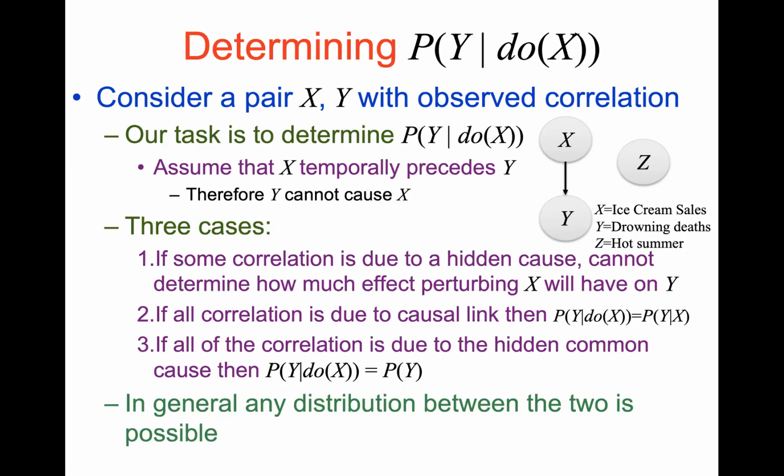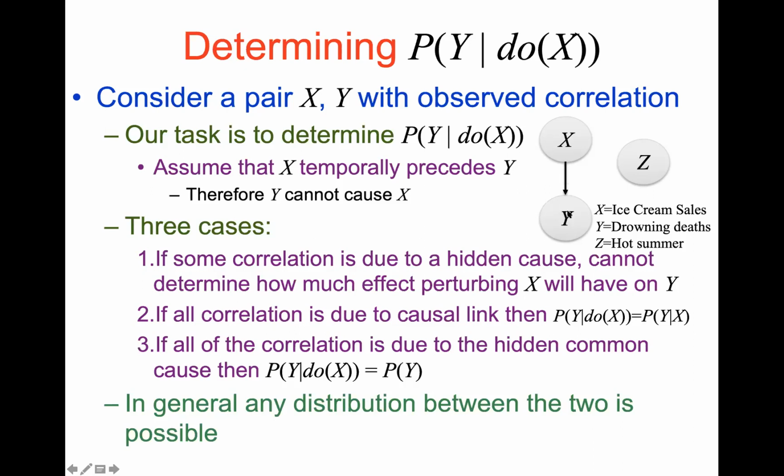We have three cases. If some correlation is due to a hidden cause, let's say z, we cannot determine how much effect perturbing x will have on y. If all correlation is due to the causal link, then p of y given do of x is equal to probability y given x.